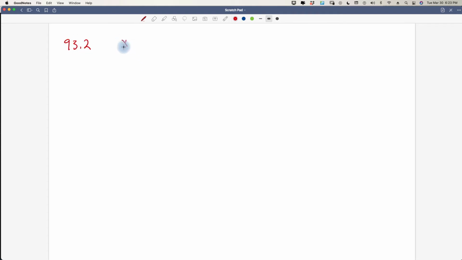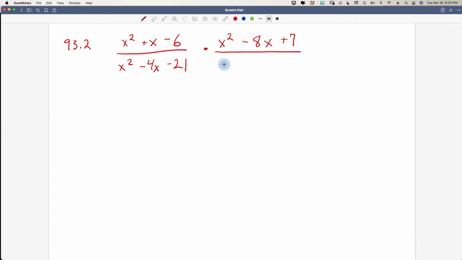We have x squared plus x minus 6 over x squared minus 4x minus 21 times x squared minus 8x plus 7, and that's all over x squared minus x minus 2. All right, so let's get to factoring.